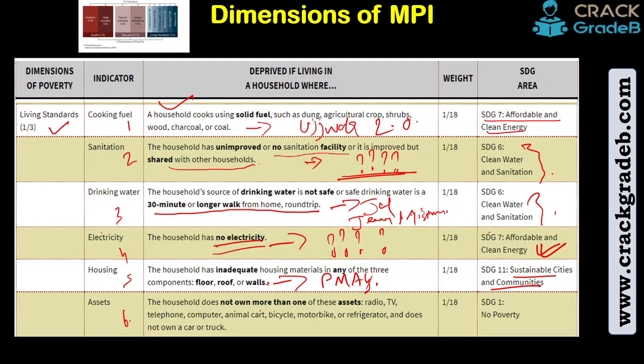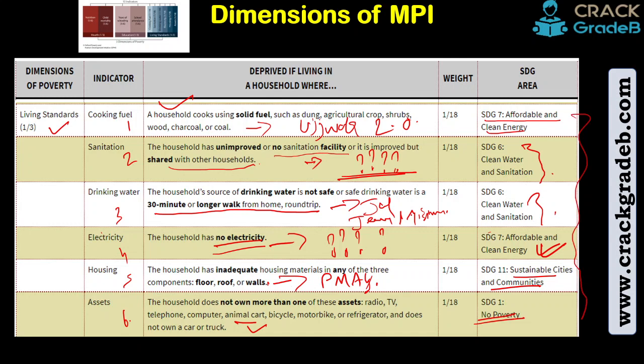The household does not own more than one of these assets: radio, TV, telephone, computer, animal cart, bicycle, motorbike, refrigerator, and does not own a car or truck. Okay, then they are deprived of assets. SDG 1, no poverty. Okay, so I hope this is clear. This is completely aligned to Agenda 2030, that is, achieving these Sustainable Development Goals.